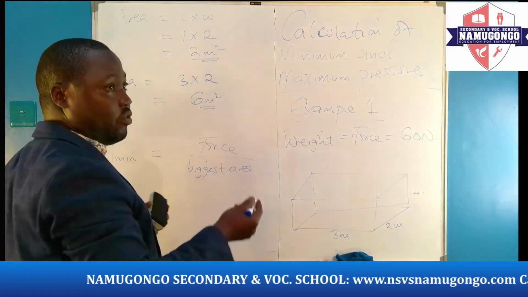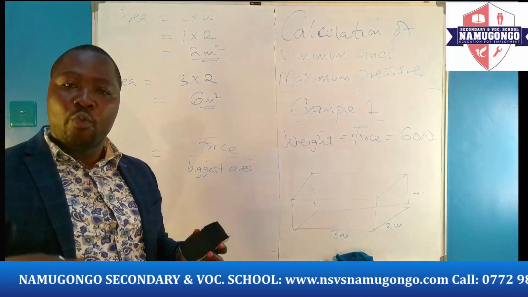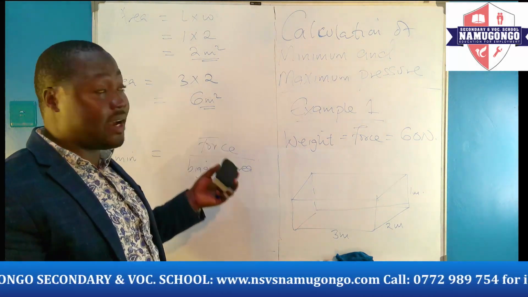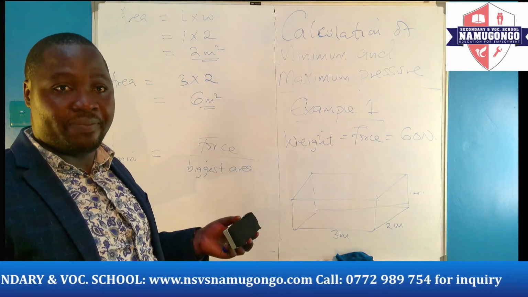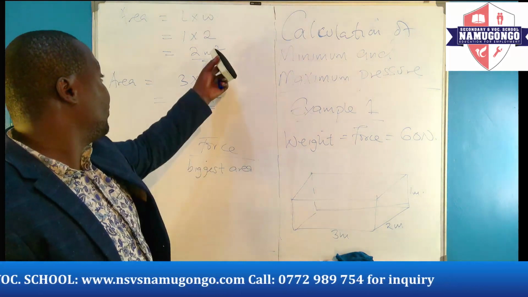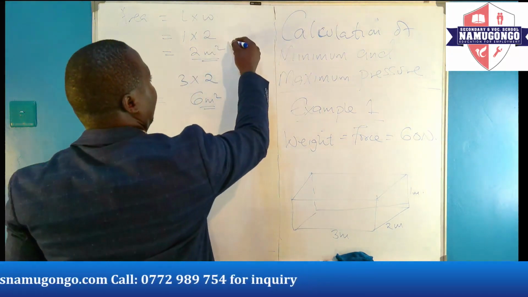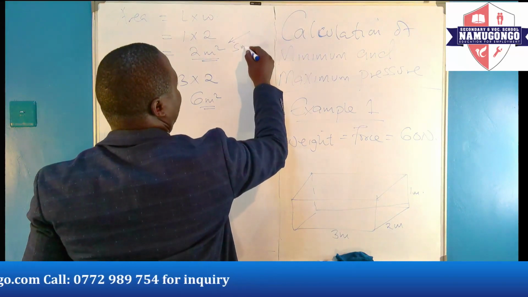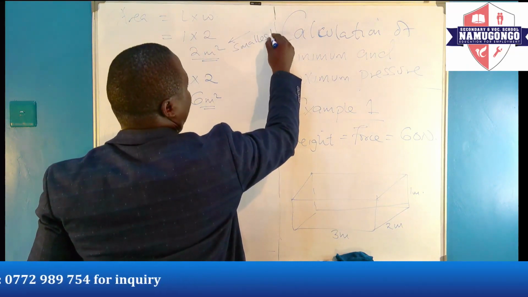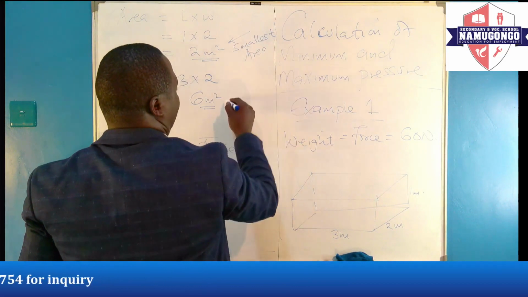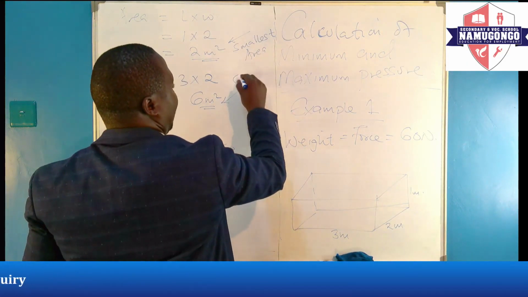Now the question is, on these two answers, which one is bigger than the other? I think you have seen it. 6 is bigger than 2. So this one can be our smallest area, and this one can be our biggest area.